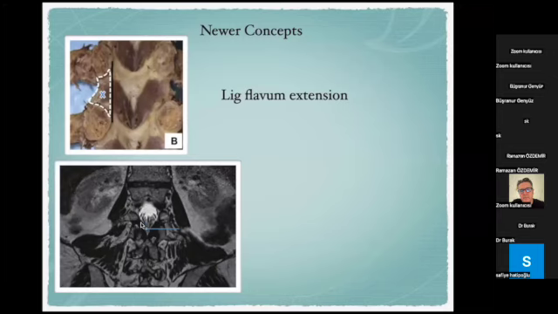Now, lower down here is the MRI picture. To see this particular lateral extension, we have to do certain different types of MRI cuts. We can call them the SI joint protocol. So if you instruct your radiologist to do the SI joint protocol or coronal sagittal cuts for the MRI, you can see this lateral extension of ligamentum flavum going between the two pedicles and compressing the exiting root.